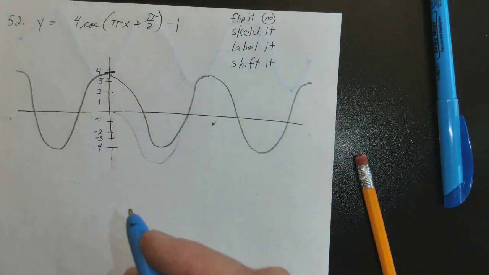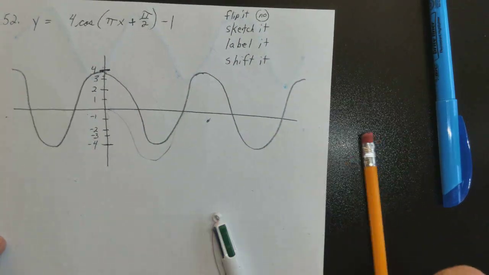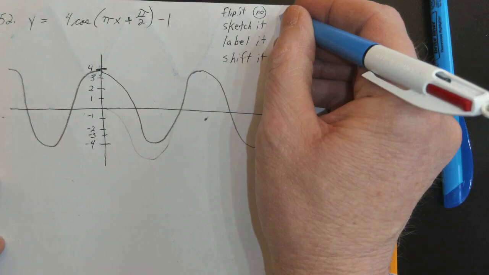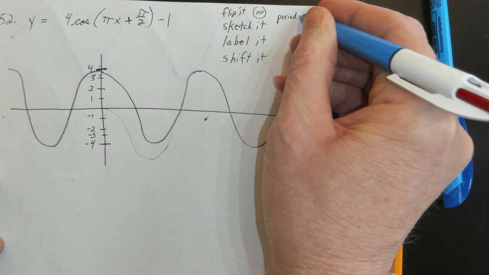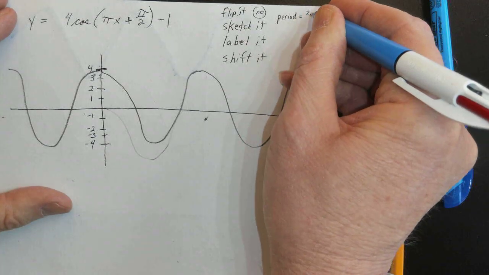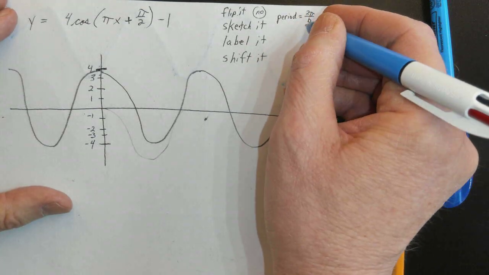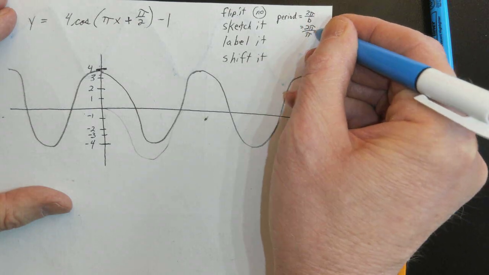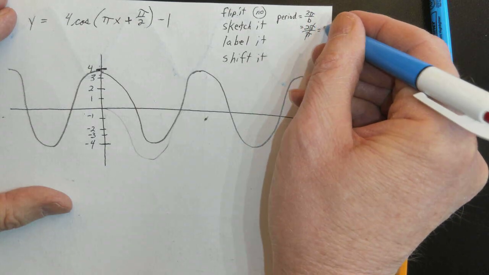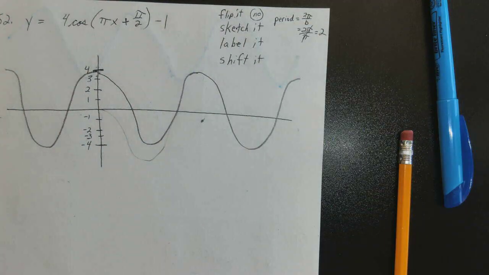Time to label. Okay. The period is 2 pi over b. In this case, it is 2 pi over pi. So the period is 2 units. One period is 2 units.